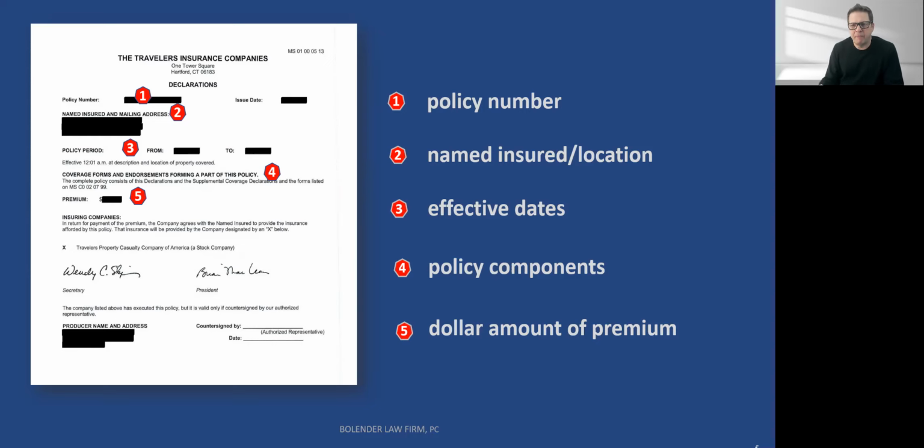Many of the forms and endorsements in the policy are going to refer back to information in the declaration pages. So a review of a policy is necessarily incomplete if you're not looking at the forms and the declarations in conjunction with one another.